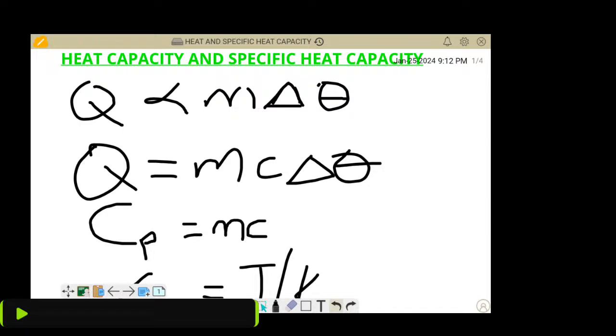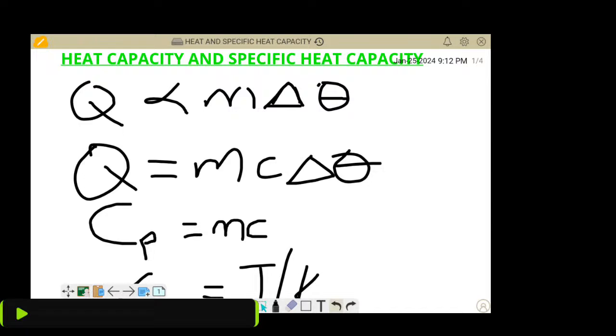So in that manner we can determine the specific heat capacity of water by equating the electric energy supplied by the cooker to the quantity of heat energy delivered to the water. We shall be considering calculations on all these tonight.